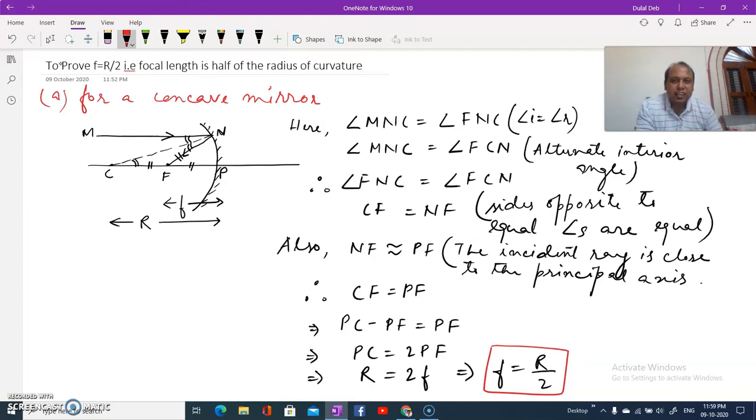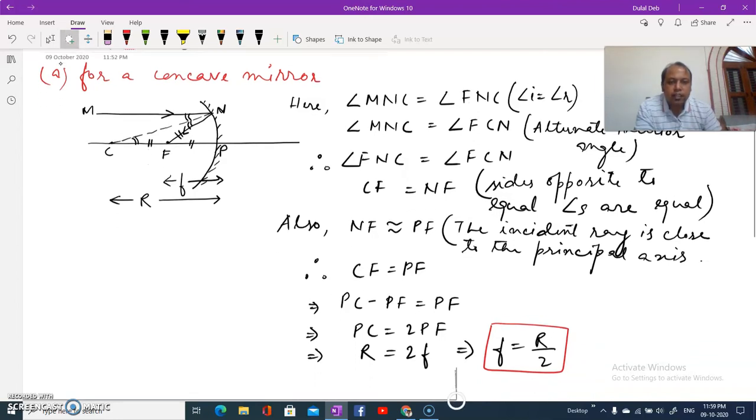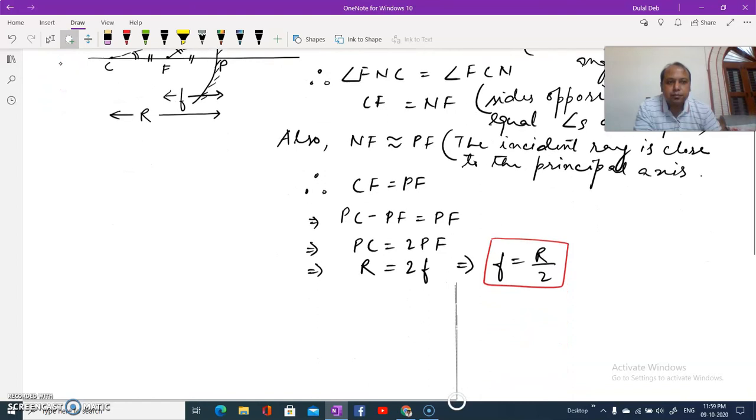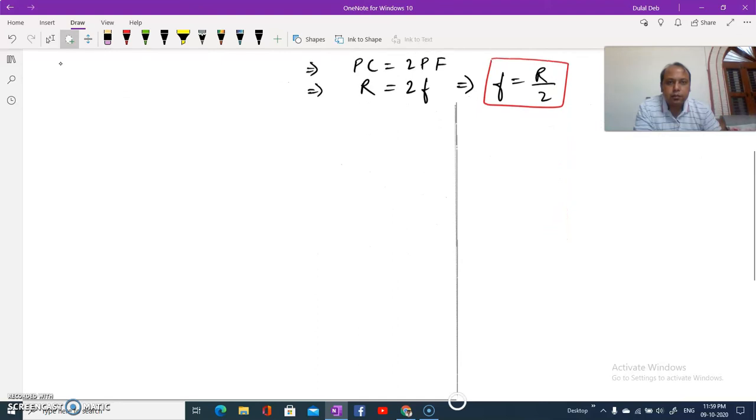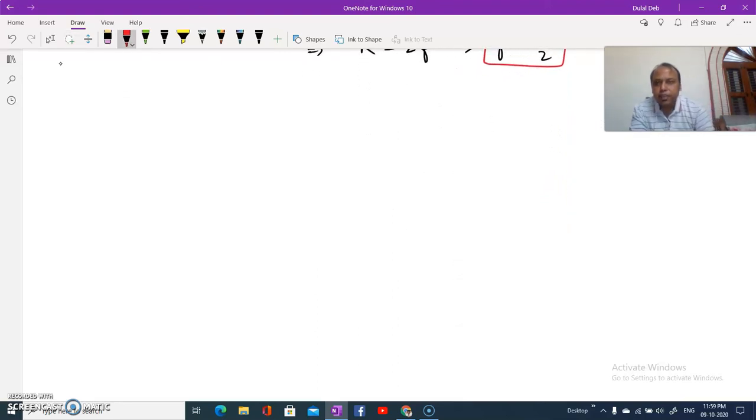If this is clear, the same kind of relation we can derive for a convex mirror also. So let us quickly see how we can do that. So the second point we are going to discuss here is for a convex mirror. We first consider a convex mirror and draw it.